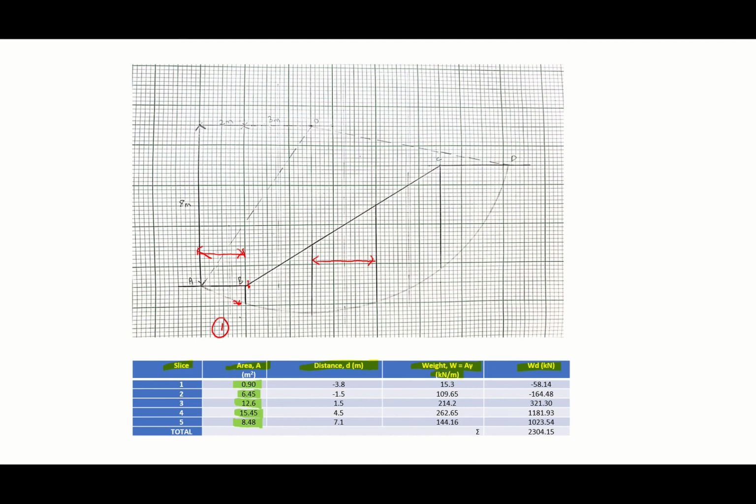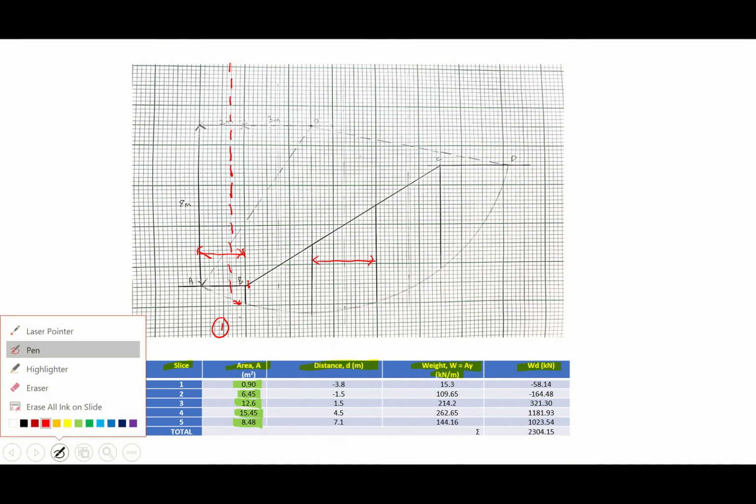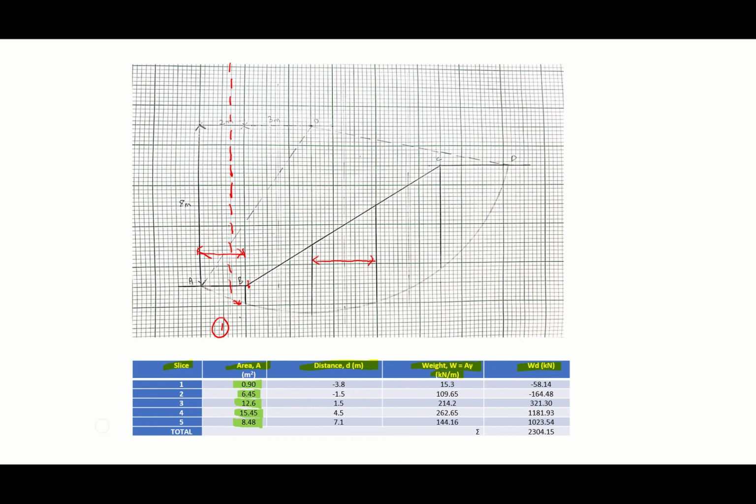Use that information, because we want to get the center line for that one. We need this information from the last slice number 1, and we need the guide for the slice center line. This is your center.